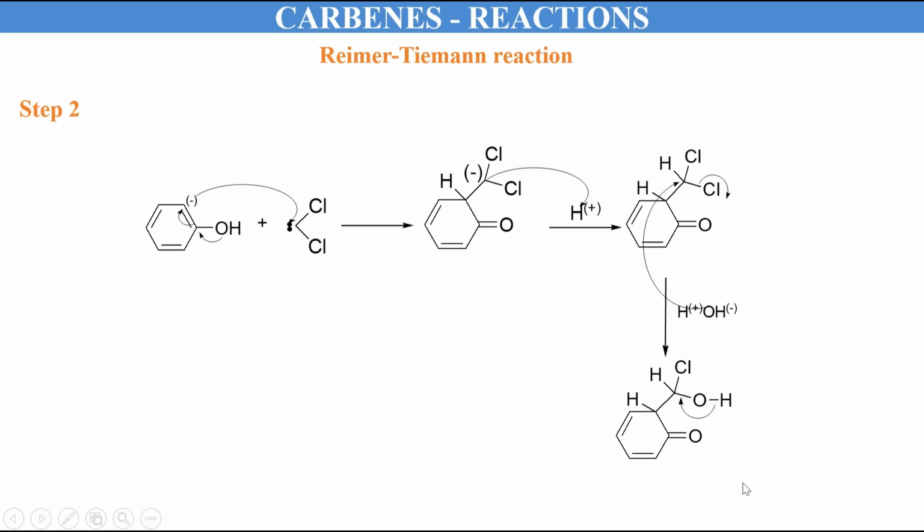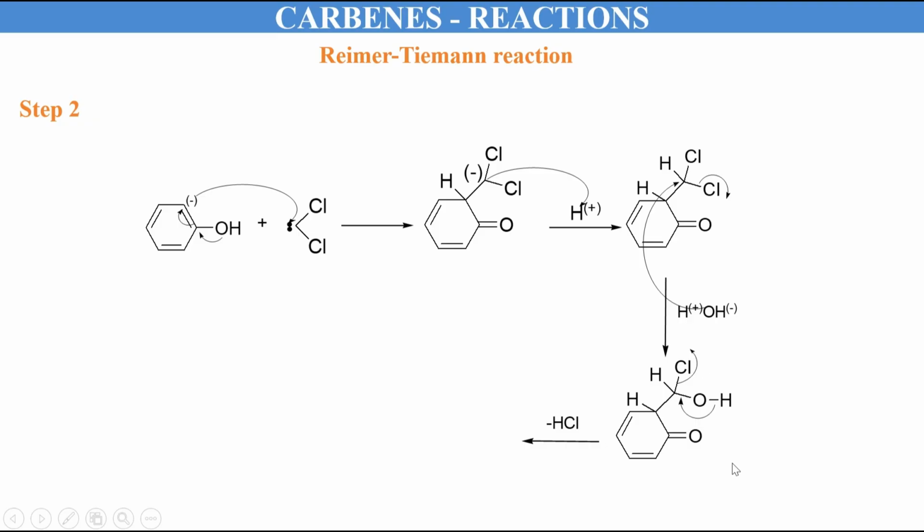Then, this is the positive center. The oxygen-hydrogen bond breaks. These electrons move to form a double bond over here. Once it forms the double bond, the carbon becomes five bonded, which is unstable, so it kicks off chlorine. Once it gets kicked off, these electrons are taken away, giving rise to H plus, and electrons are given away, giving rise to Cl minus.